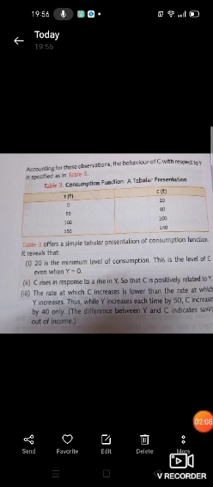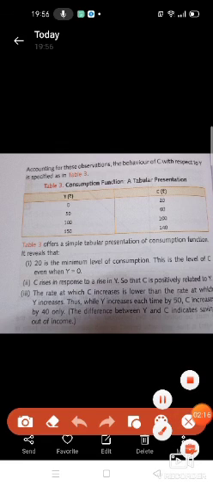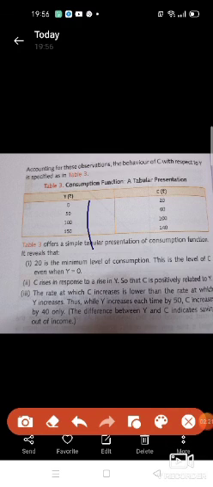See the consumption function in a tabular presentation. Income ranges from 0 to 150, and consumption ranges from 20 to 140. See, a simple tabular presentation of the consumption function.